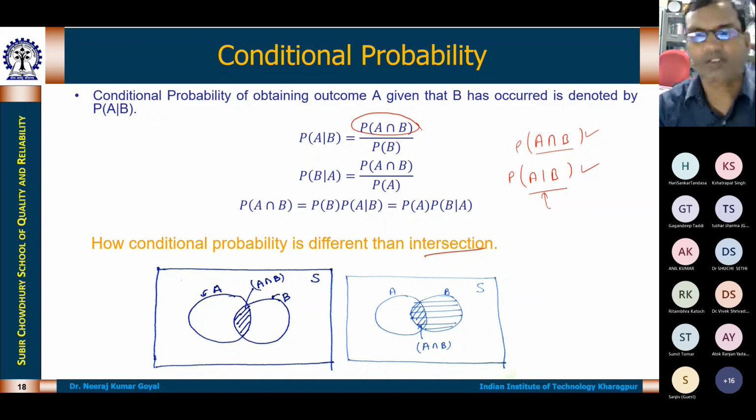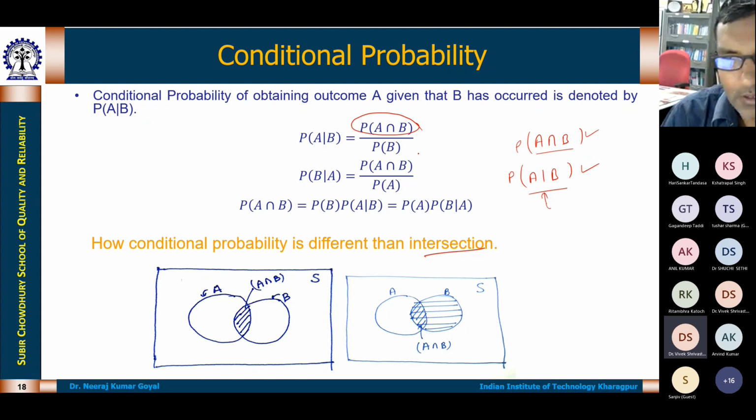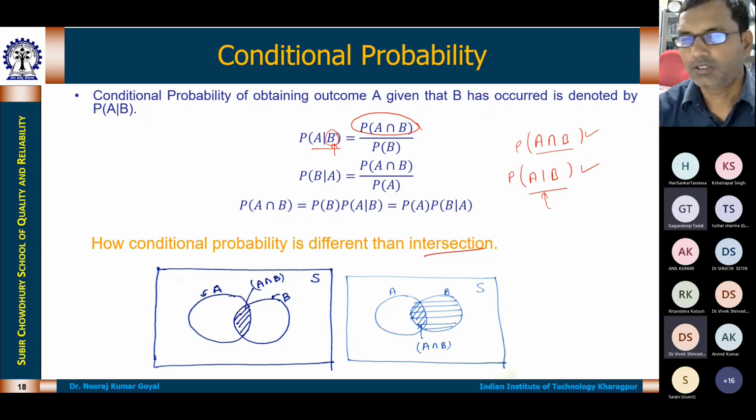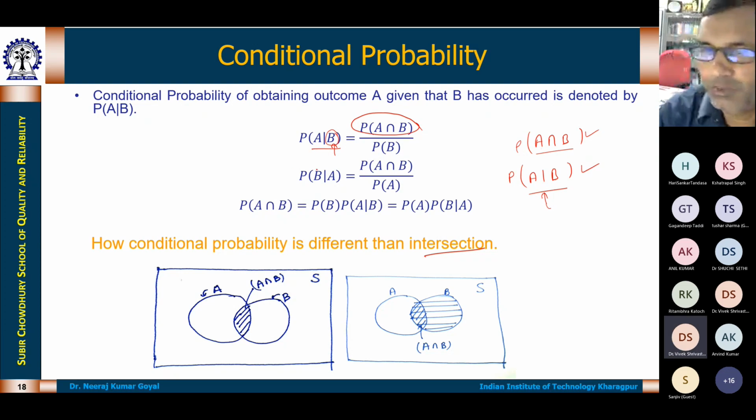True, right, fine. So what is the difference here? Let me explain this in my way. I want to calculate probability of A given B, right? So whenever I say given B, what does it mean? That means B has occurred, or as you told, that B has occurred already. It may not be in time sense.